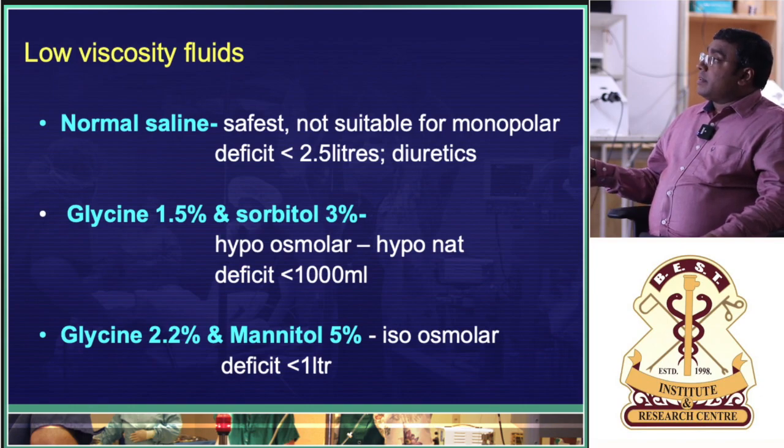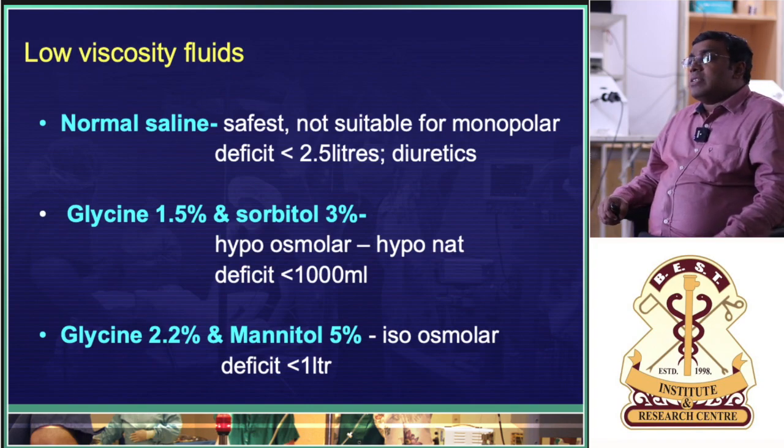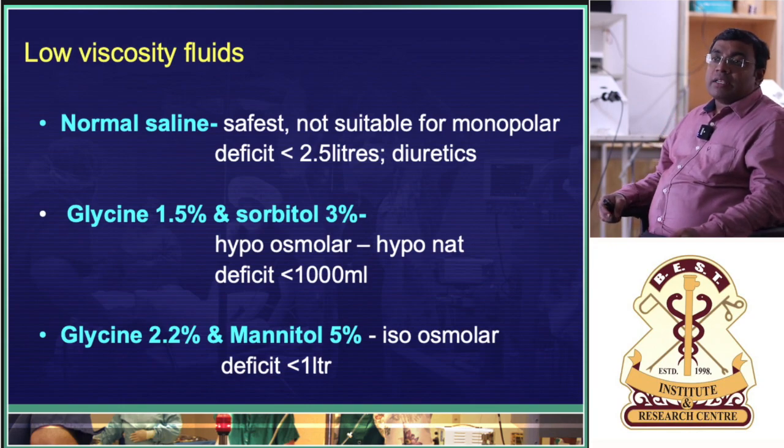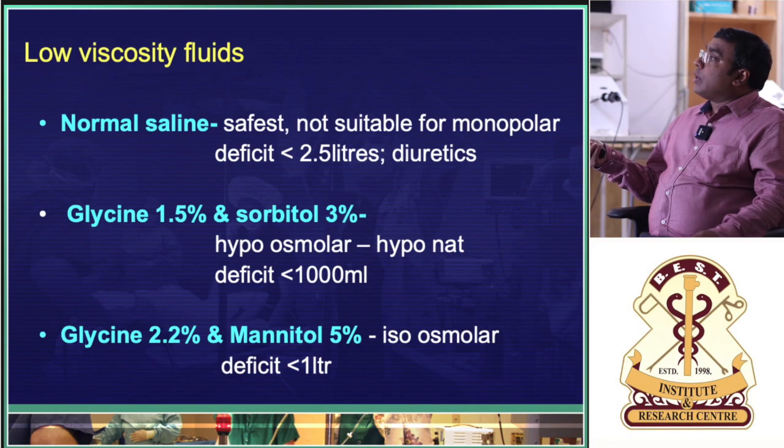But if you are doing operative hysteroscopy and using glycine, what is the percentage of glycine we use regularly? Is it 1.5 or 2.2? It is 1.5% glycine. Why use 1.5% glycine when you have an isoosmolar fluid?